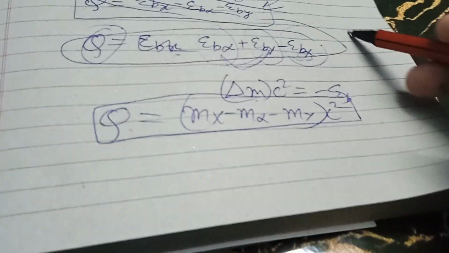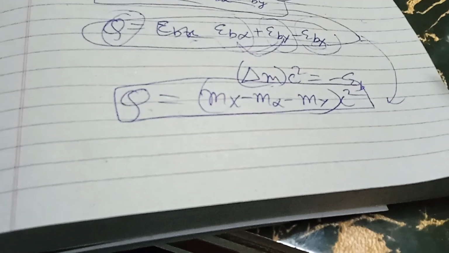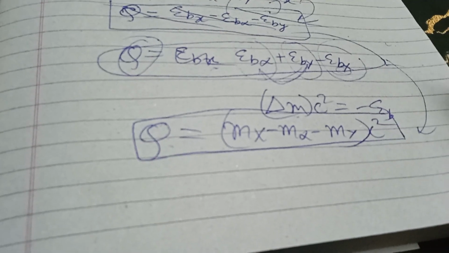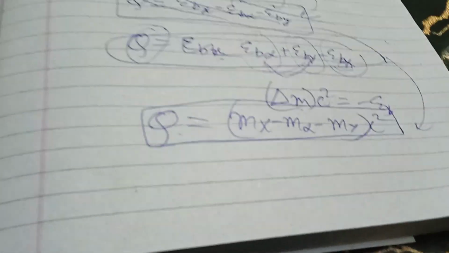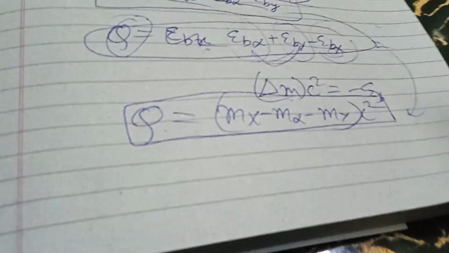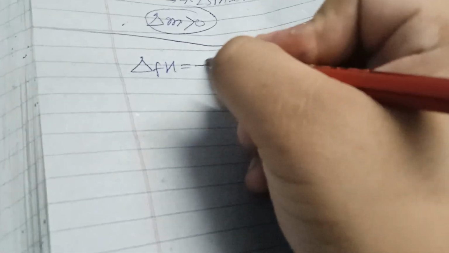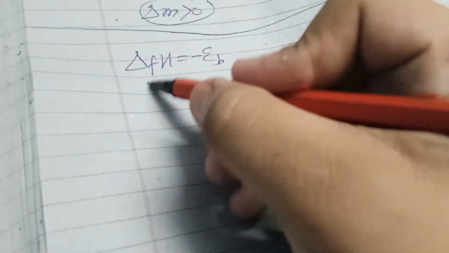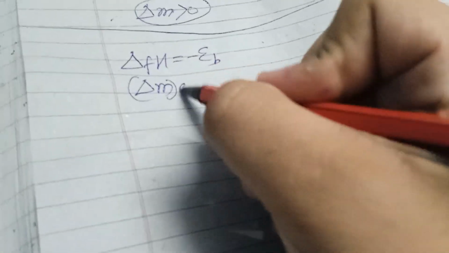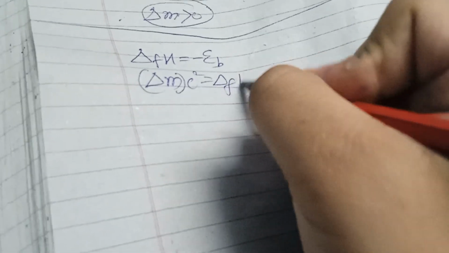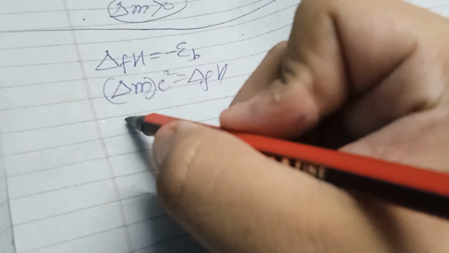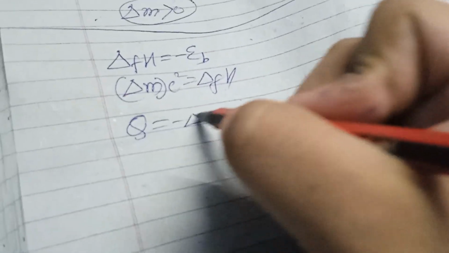Here we obtained Q in both terms using delta H. So in this whole thing, there are only three major laws which can make your life simpler to a great extent if you know thermodynamics, not nuclear reactions. Delta FH is minus EB, delta m c square is delta FH, and Q is minus delta RH.